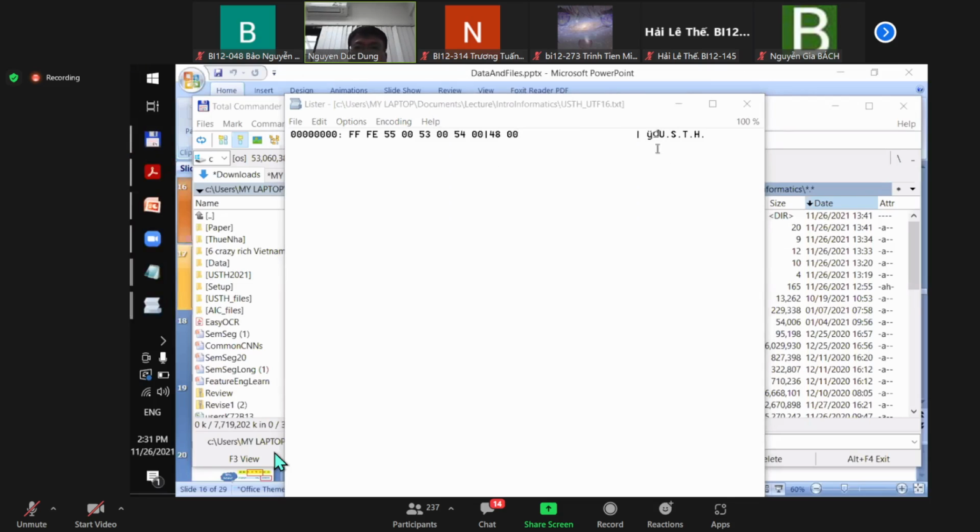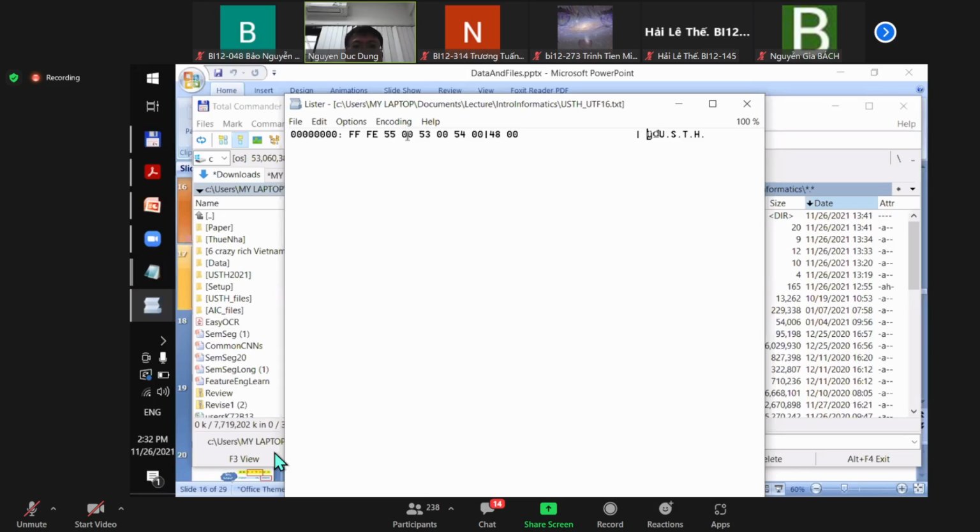Our first character in the document, U, has the code 55 in hexadecimal. The character uses 2 bytes for encoding, so the number should be 0055, but the order of the bytes written on our hard disk is in inverse order.